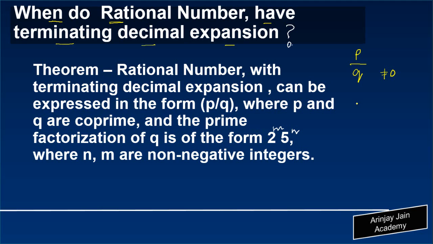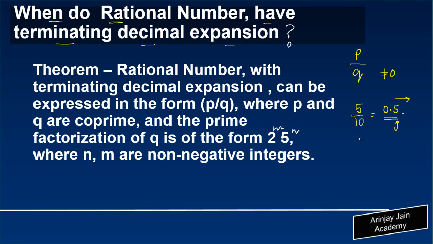So let's say, for example, you are given the number 5 upon 10. We know 5 upon 10 can be written as 0.5. In this case, the decimal expansion ends at a particular number, so it is terminating, as we call it. As against this, you could have other numbers where this termination doesn't happen.